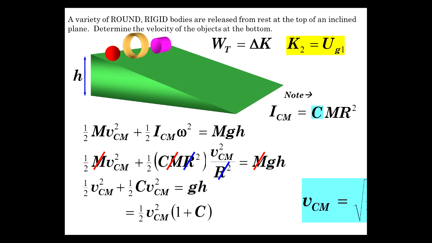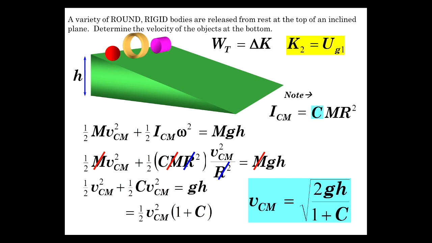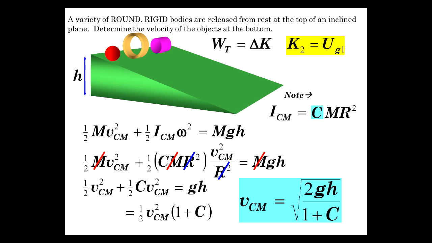Therefore, the velocity of the center mass for each one is the square root of 2gh over (1 plus c), which shows you very explicitly that the larger c is, the smaller the velocity will be at the bottom. Of course, just because more of the energy is wrapped up in rotation if it is a geometry which has a large c. So let's go ahead and race them.